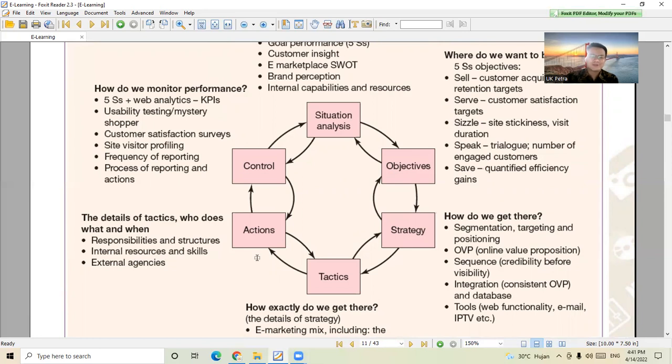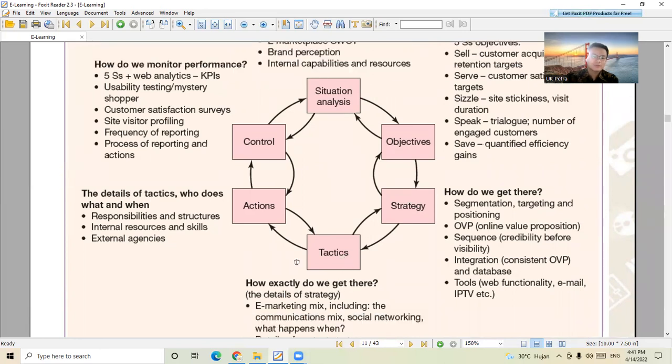We don't want that. We want to have actions. So based on the strategy and the tactics that we already wrote down, all of this should be put into practice. We have to fully operationalize our tactics and strategy.